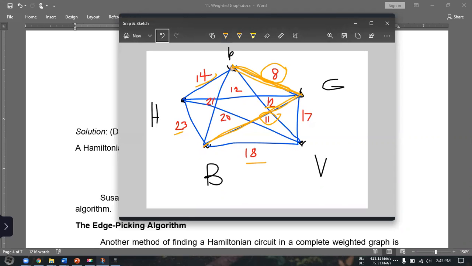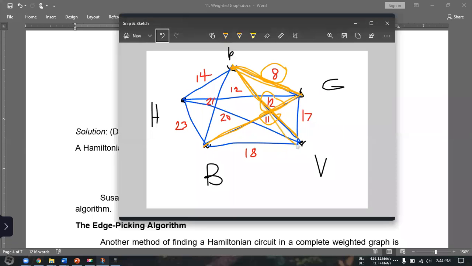So there are only two we can go to here: from post office to home, from post office to video rental. Likewise, from bank to home, and from bank to video rental. So these are our choices. That would be 12. So we'll be using this edge.